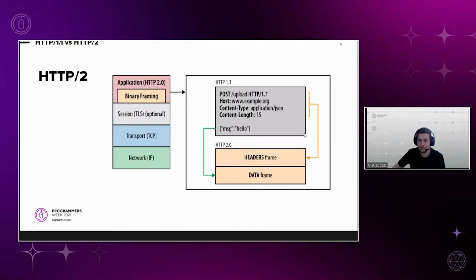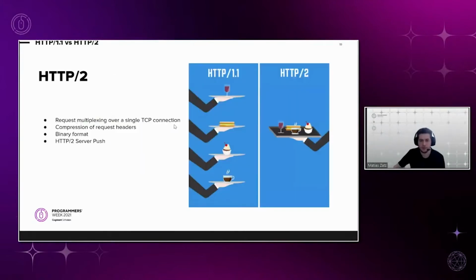Now this is split into 2 frames, one for the headers and one for the data. And this data frame will be serialized as binary data. That makes it really fast and really lightweight. Also, the headers will be compressed. So HTTP2 supports compression of the headers, and that makes this really, really fast.